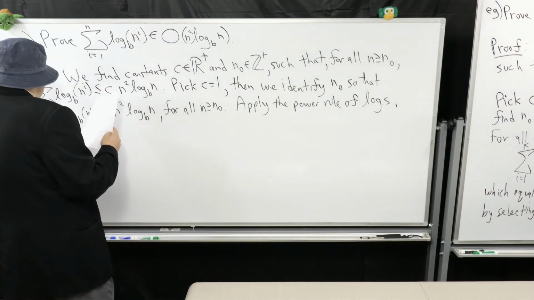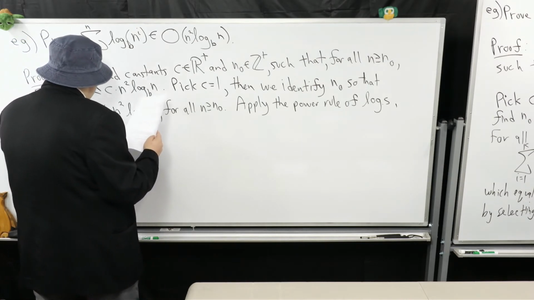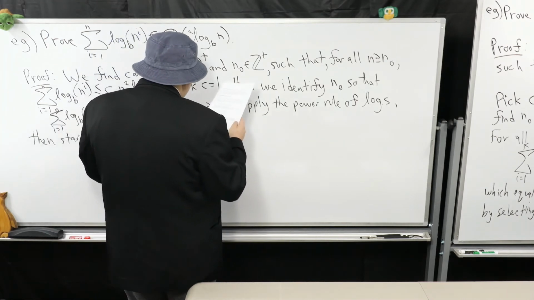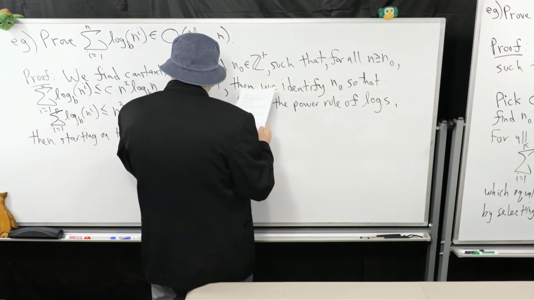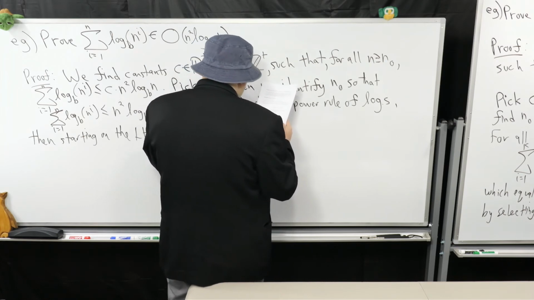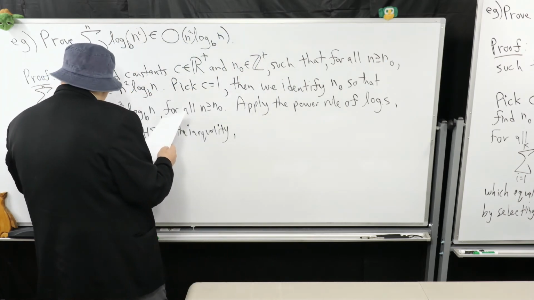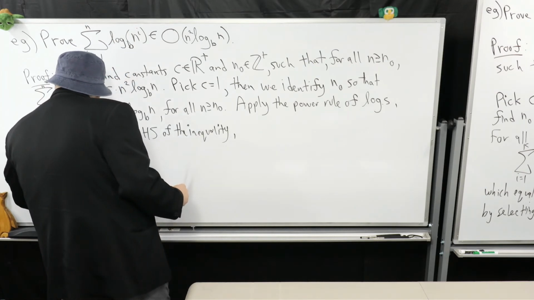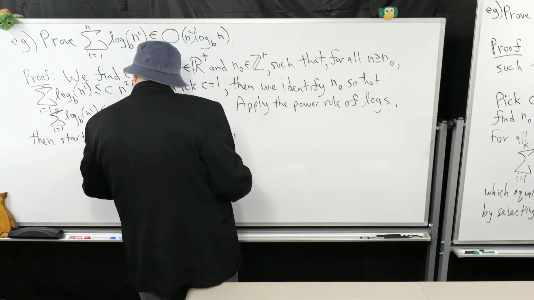Then starting on the left-hand side of the inequality, I'm going to start off on the left-hand side of the inequality. Now, we're going to just use the same strategy we just did previously.